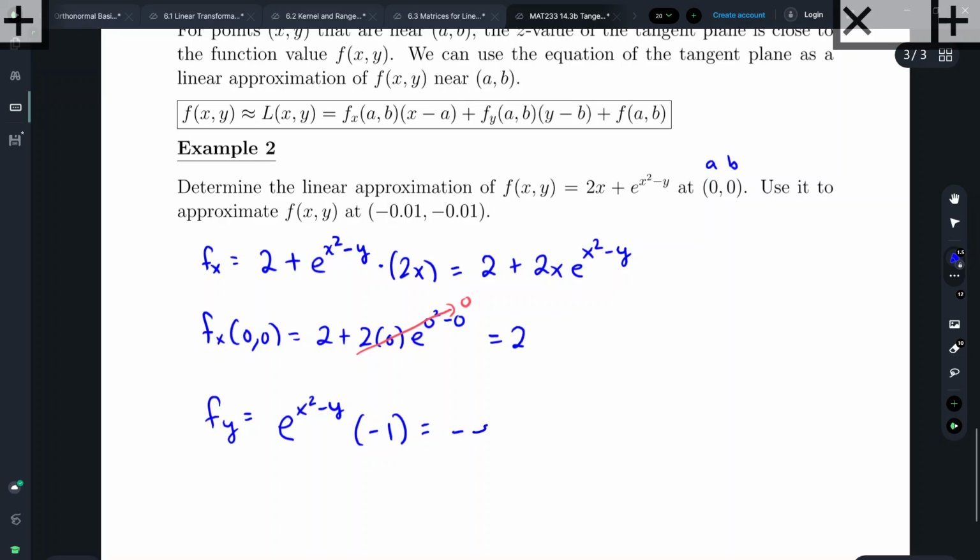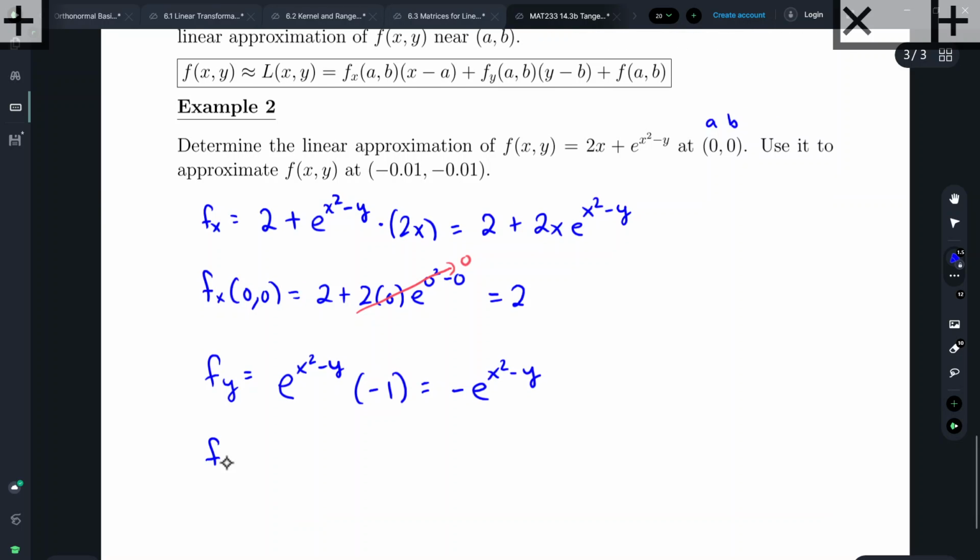Okay, so you get minus e to the x squared minus y. And then just like before, we have to plug in (a, b), which in this case is 0, 0. So we get minus e to the 0 squared minus 0. So this is just minus e to the 0, and e to the 0 is equal to 1. So you get minus 1.